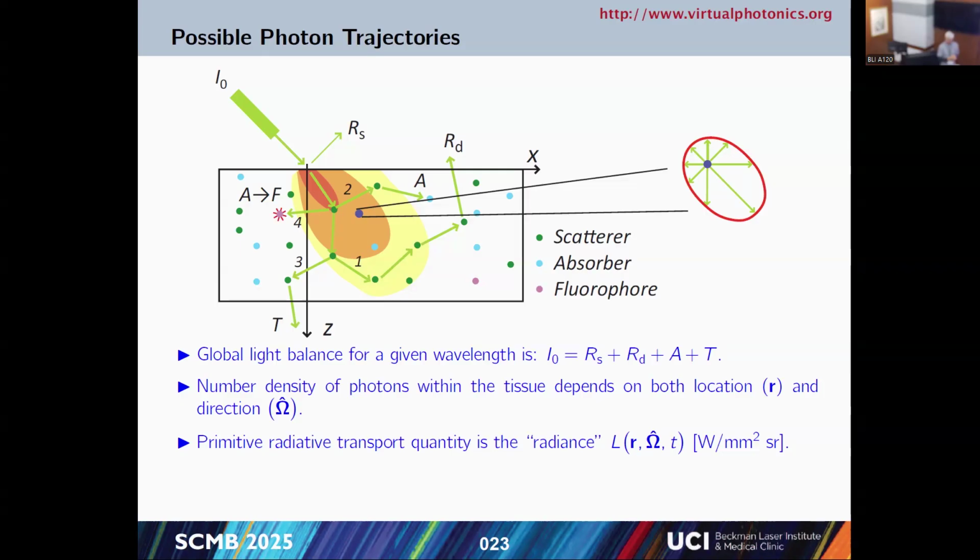Do we have a size limit that this model can apply to, like for those particles? As long as you can represent the angular distribution of scattering, you can handle it within a radiative transport, as long as you meet those assumptions that I mentioned earlier, that each particle lies in the far field of the other, and there's random distribution. So that's one thing that's actually quite important.